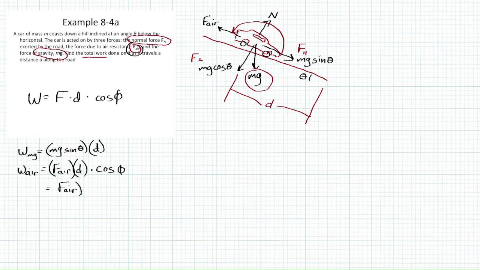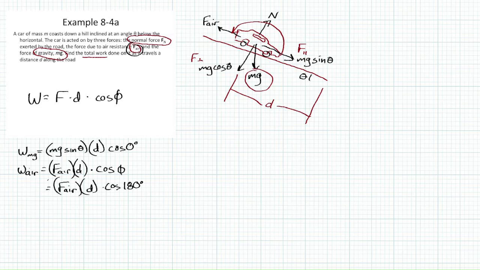F_air times our displacement times the cosine of 180 degrees. Which, by the way, I forgot to write up here for the work done by gravity: cosine of 0 degrees. Well, what is that? That's 1. The cosine of 0 is 1, so it doesn't change anything.